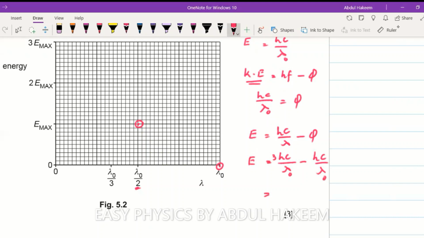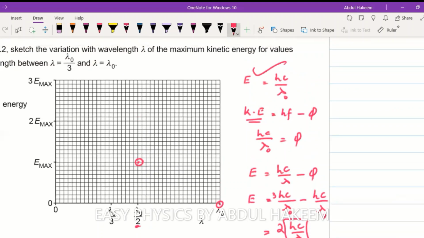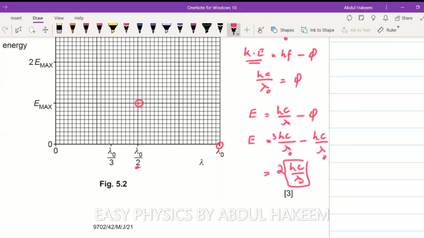So it becomes 2 times hc over lambda naught. Now hc over lambda naught is the energy E, so it is 2E. So at lambda naught by 3, the energy is twice this one. So the graph is like this: a negative gradient, a curve stretching along the x-axis. So this is the graph.